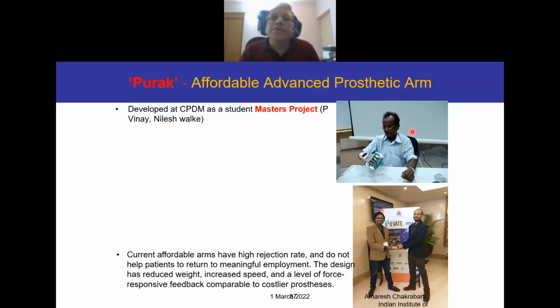But earlier, you see this is the first prototype of a prosthetic arm that can hold an arbitrarily shaped object and wrap around it with just a single actuator. And roughly the cost of this product is proportional to the number of actuators. When you throw more actuators at it, you essentially increase the cost, but also increase the weight, which becomes far more non-ergonomic. And that was the USP of this product.